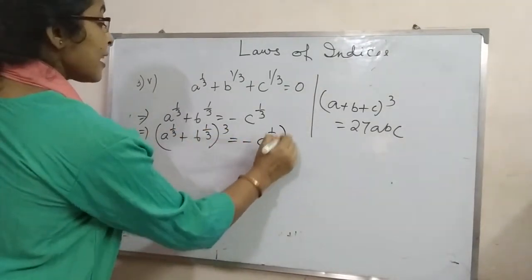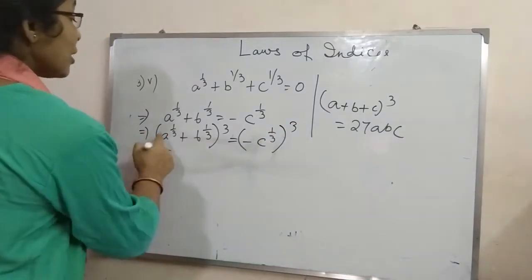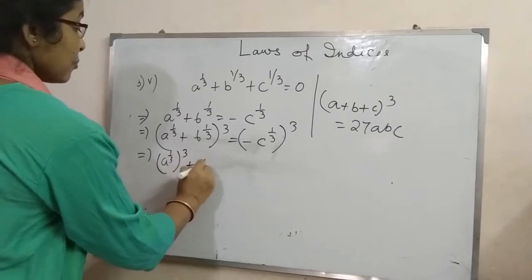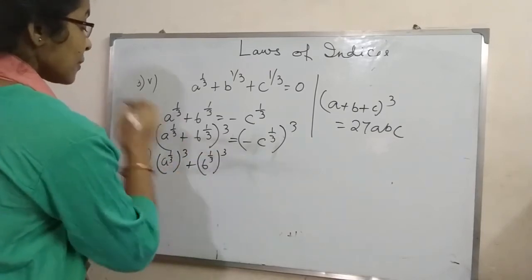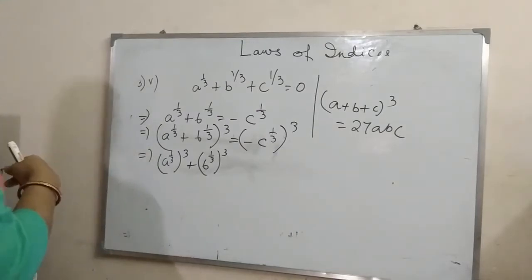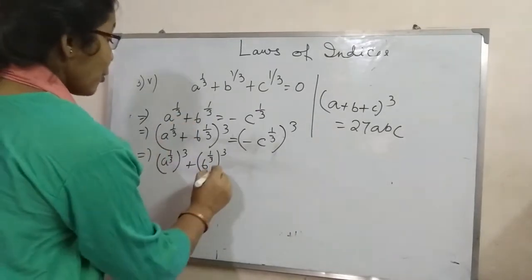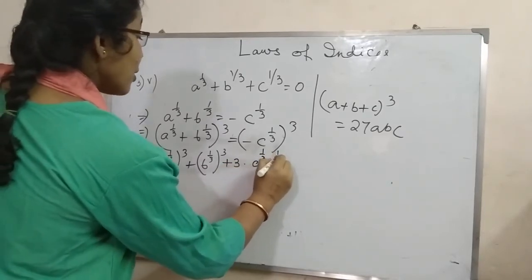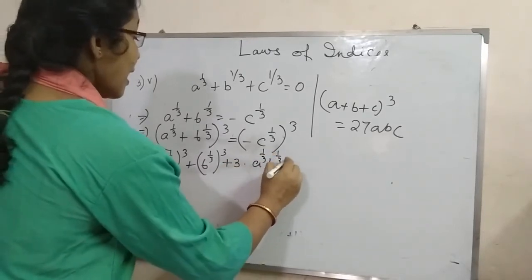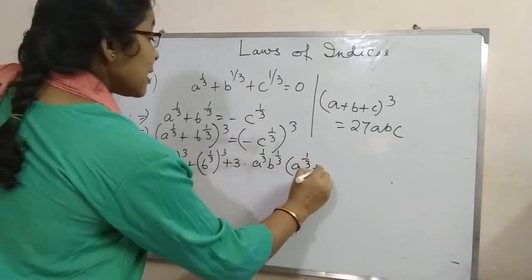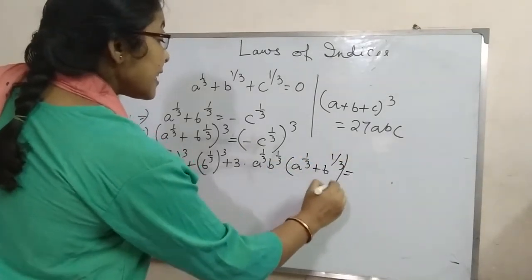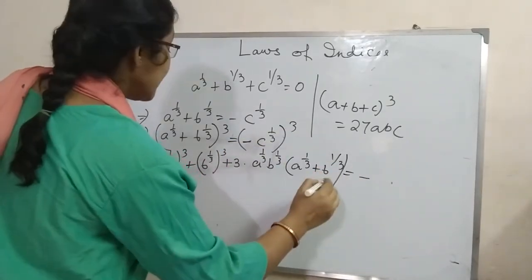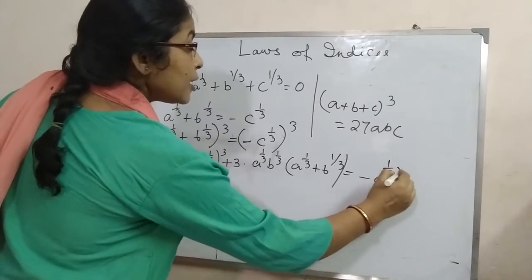This gives (a plus b) whole cube, using the same formula: 3 into a to the power 1/3 b to the power 1/3 and (a to the power 1/3 plus b to the power 1/3), that is equal to (minus c to the power 1/3) whole cube, equal to minus c to the power 1/3 into c to the power 1/3 into 3.